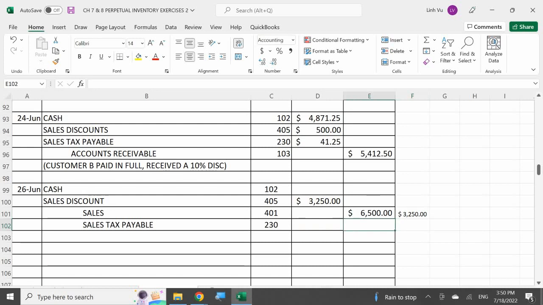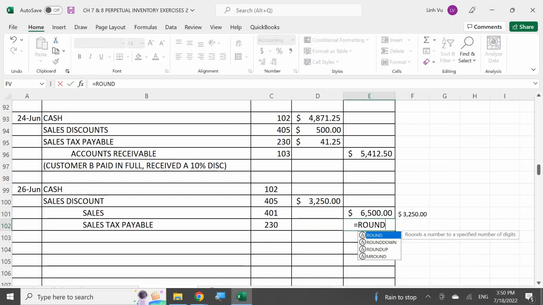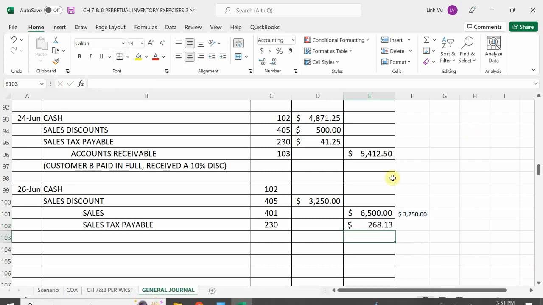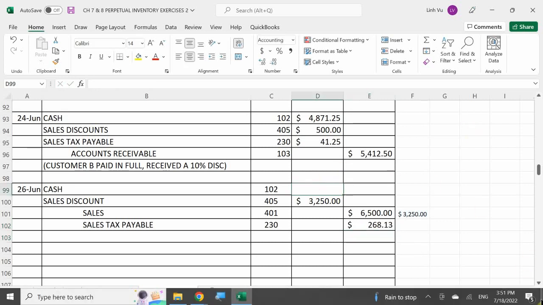So in this case, what is the total amount of tax based on the discounted price of $3,250? I have $268.13.